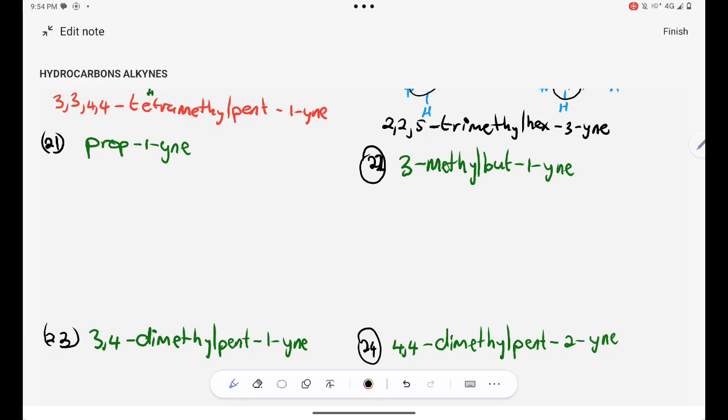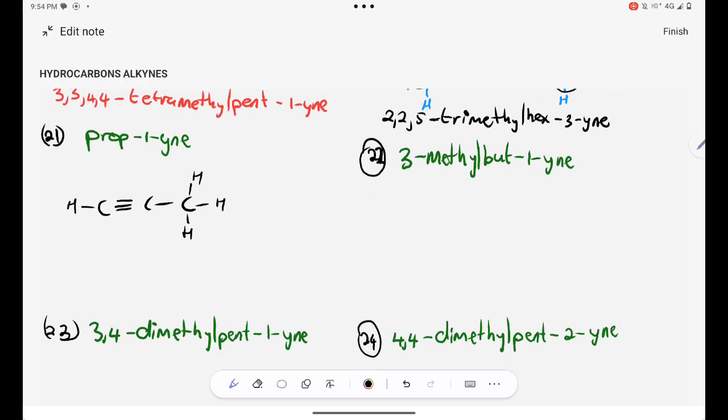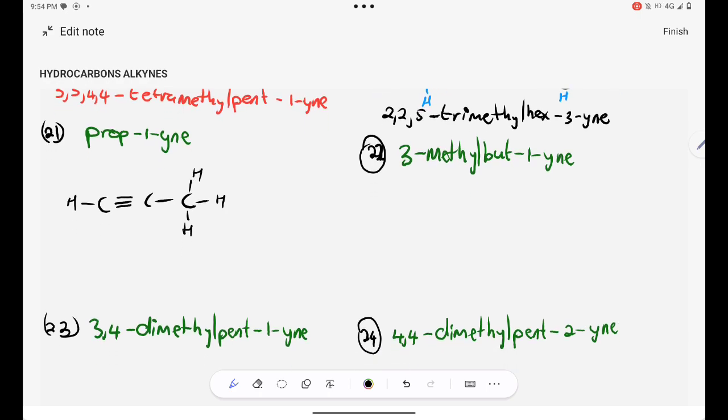Okay, now I'm given the IUPAC name. All I have to do is draw the structure. I have prop, which simply means the parent chain has 3 carbons, 1, 2, 3. I have a triple bond between carbon 1 and 2. All I need to do is make sure that my carbons are fully bonded. This will be the structure for prop 1 ine.